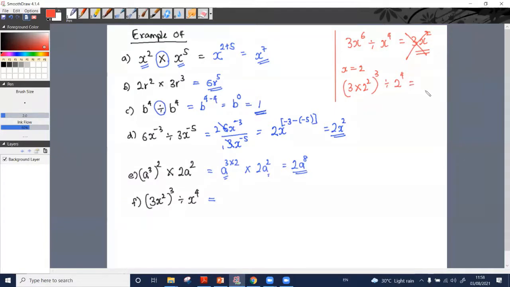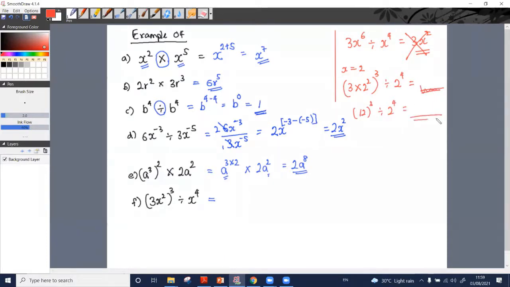Then what will be the answer? 3 into 2 squared. 2 squared means 4. So within the bracket we have 4 into 3, 12. 12 to the power 3 over 2 to the power 4.